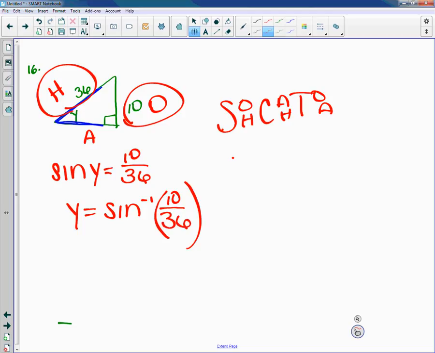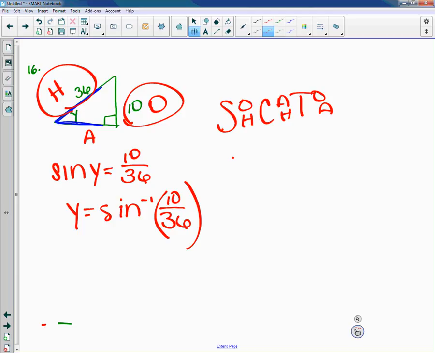All right. So anytime you do not have the angle in your calculator, you have to hit sine inverse, cosine inverse, or tangent inverse. Now, if you look at your calculator and look above sine, you would see this right here. Does everybody look on their calculator and look above the word sine?